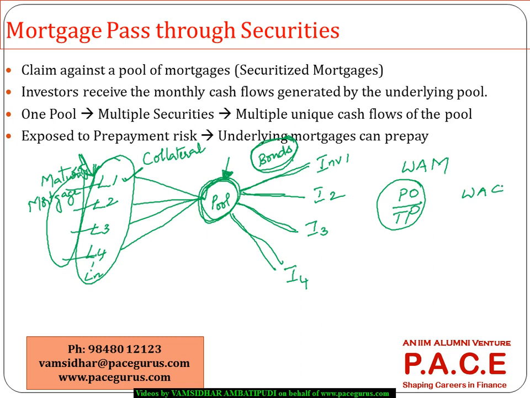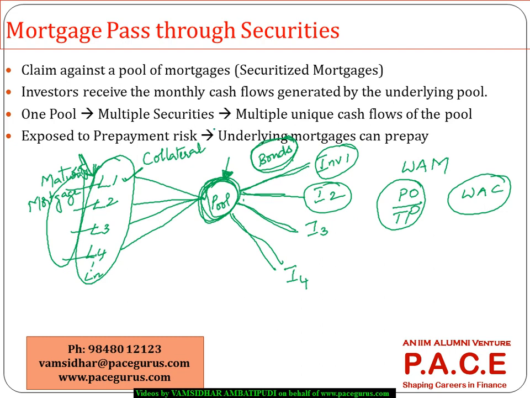So the coupon will indicate the typical regular periodic payment that would be paid on the bond, and the principal would indicate how much principal would be returned to the investors at each point. This is one of the strong things, and people tend to invest in these mortgage-backed securities or in this pool for the simple reason that there is very strong collateral backed by the various mortgages in the pool. So the risk is much less.